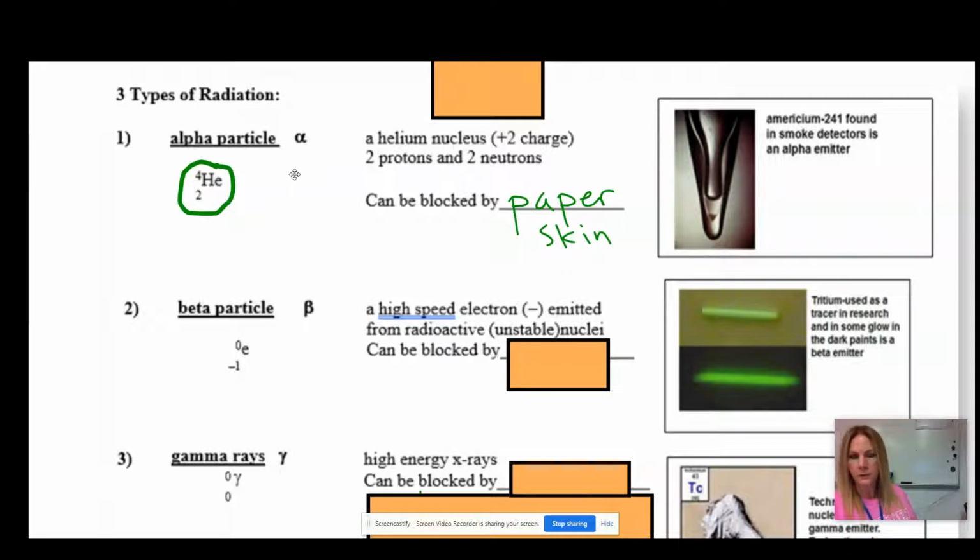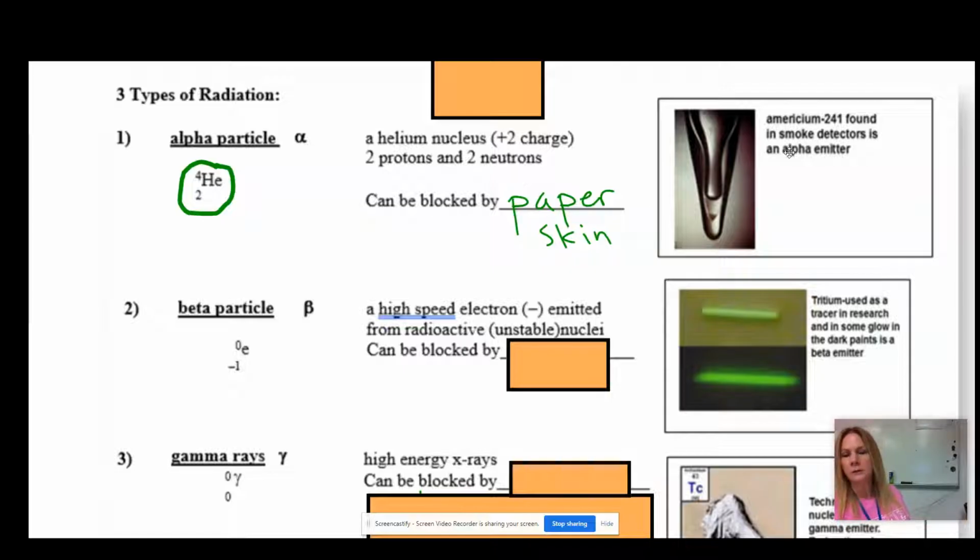However, if I had an alpha particle in the form of my drink, and I drank some, because sometimes alpha particles actually get in your water supply, and we drink them sometimes without even realizing it, now it's inside my body, and now it can do harm. It can get into the nucleus of your cells and damage them. So alpha isn't very harmful if you don't ingest it, but the minute it finds its way inside your body, it can be harmful.